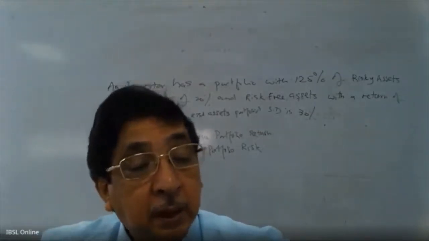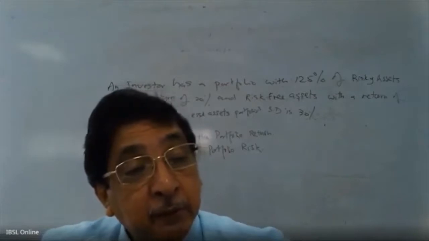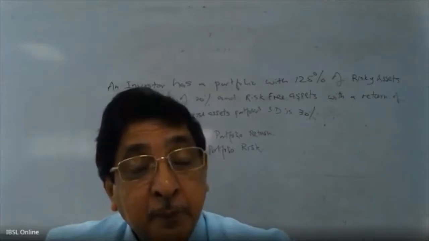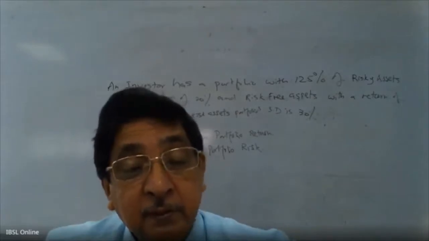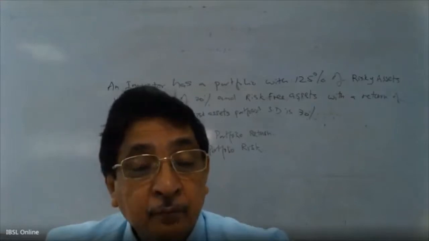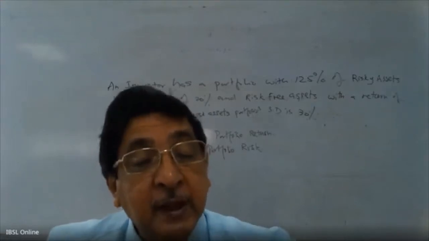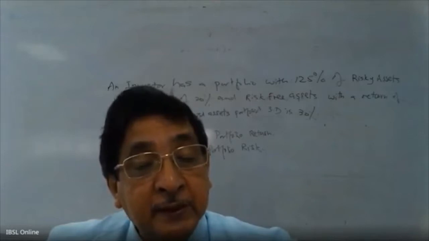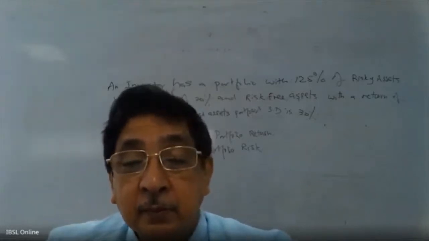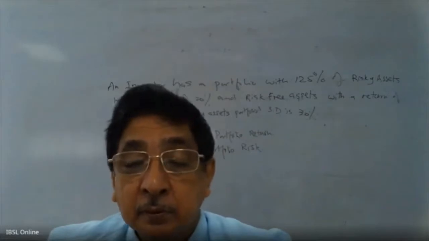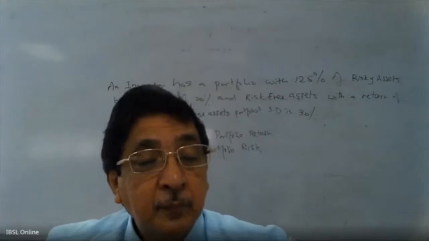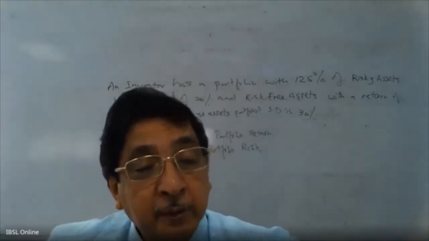Here 125% of weight is contributed by the risky asset. If you get the correct answer for this, that means you have understood this. And it is a very important point.